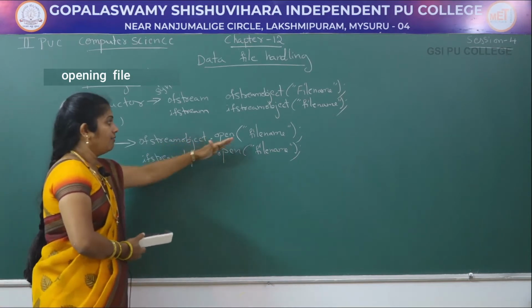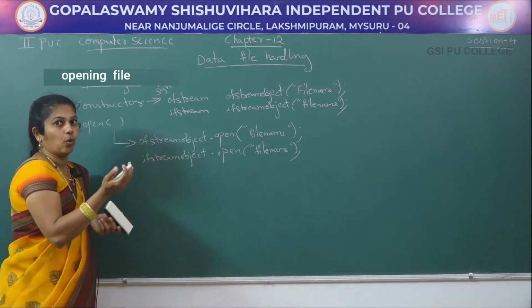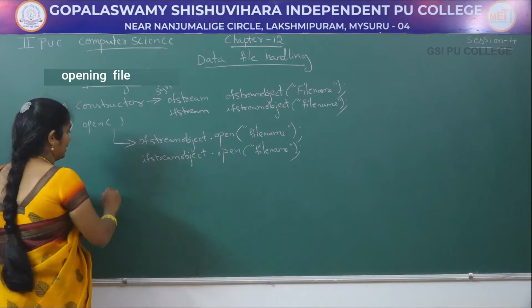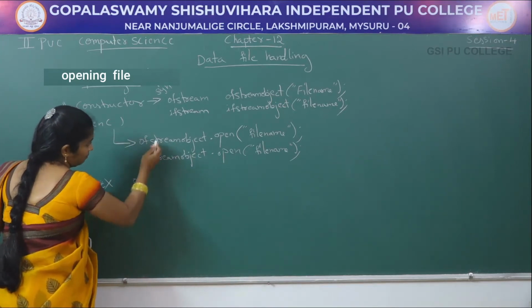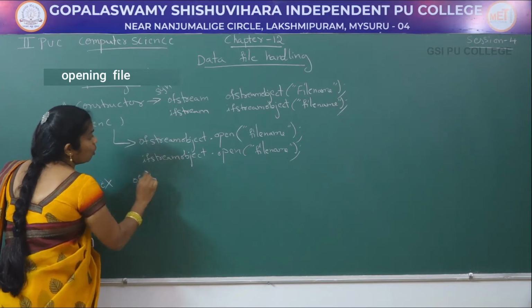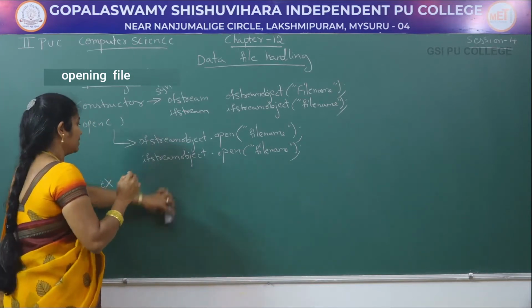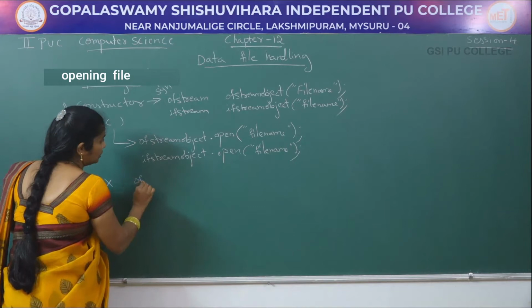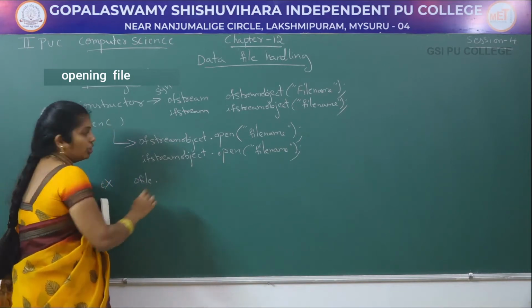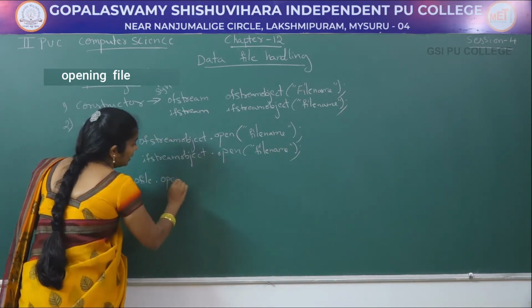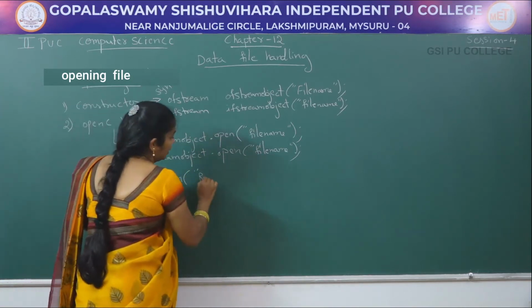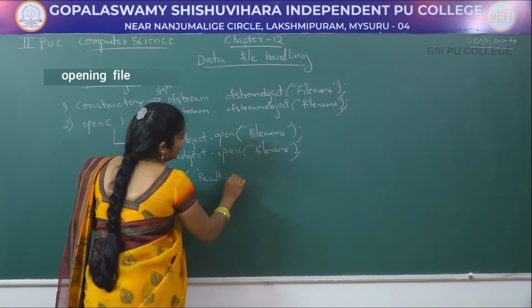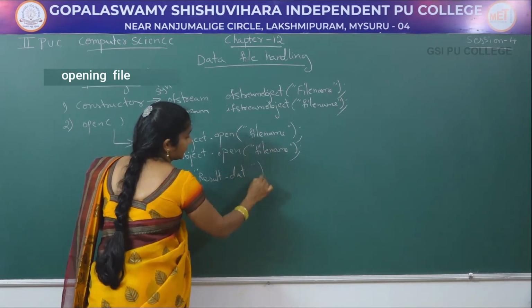Here in the file name, whatever file you want, you have to mention it with the extension. For example, for OF stream, if I want to write an OF stream object, say ofile is the object name, I write dot open, and inside the double quotes you have to write the file name, for example result dot dat.